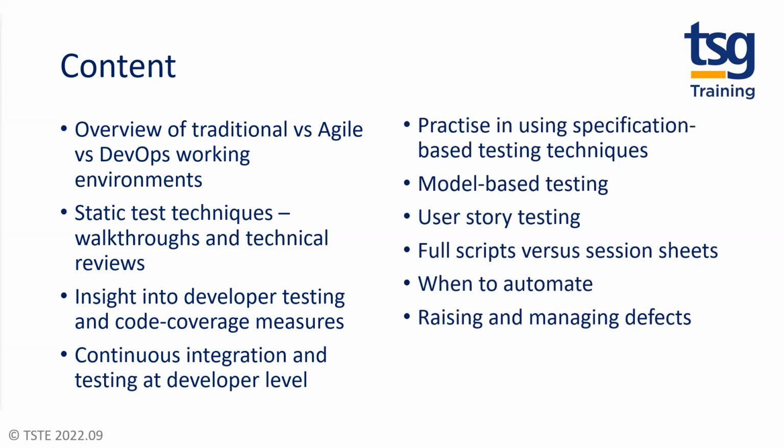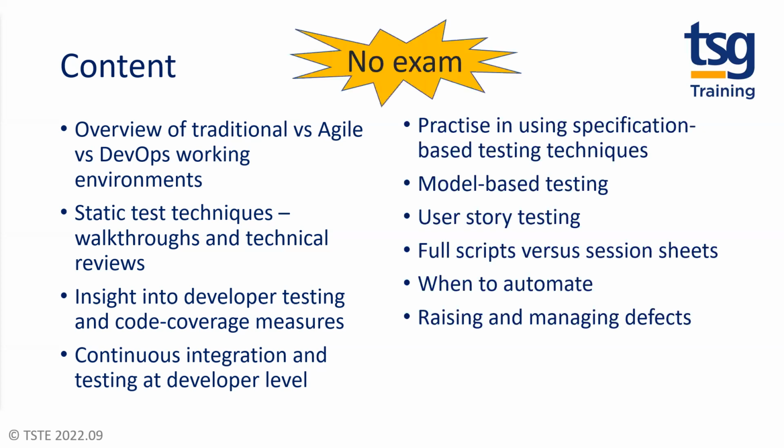We'll also be looking at techniques which can be applied once the code's been checked in for test, and explore those suitable for use at system testing and for using at user acceptance testing. And finally, we discuss and give a demo of test automation before looking at the topic of defects. And, which might be an advantage for you, there's no exam.